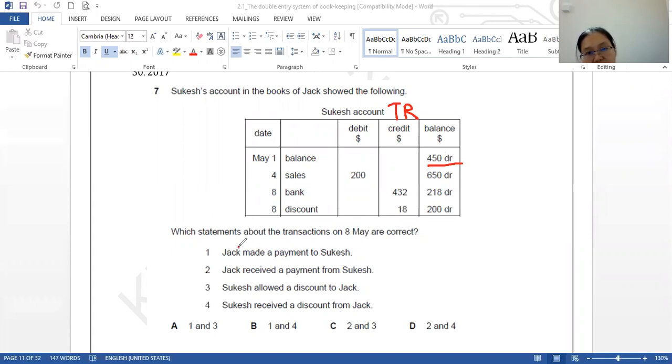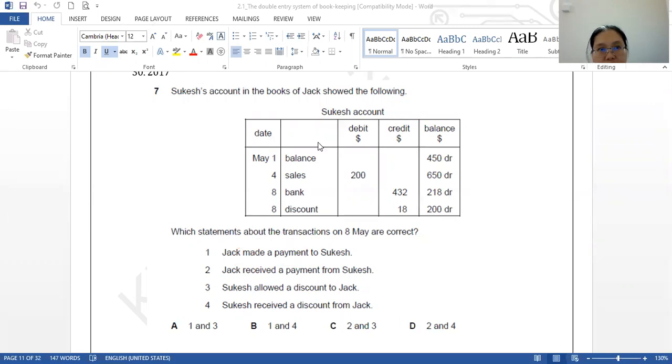No, this one should be Sakis made a payment. Jack received a payment from Sakis. Yes. Sakis allowed a discount to Jack. No. Sakis received a discount from Jack. Yes. So the answer should be 2 and 4. Okay, so question 30 is done.